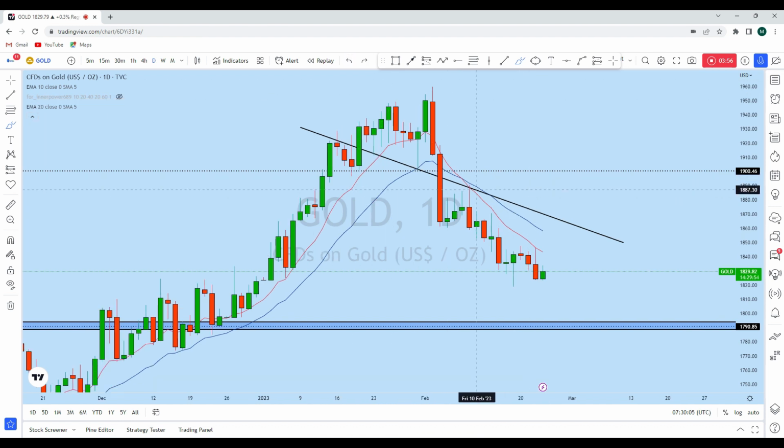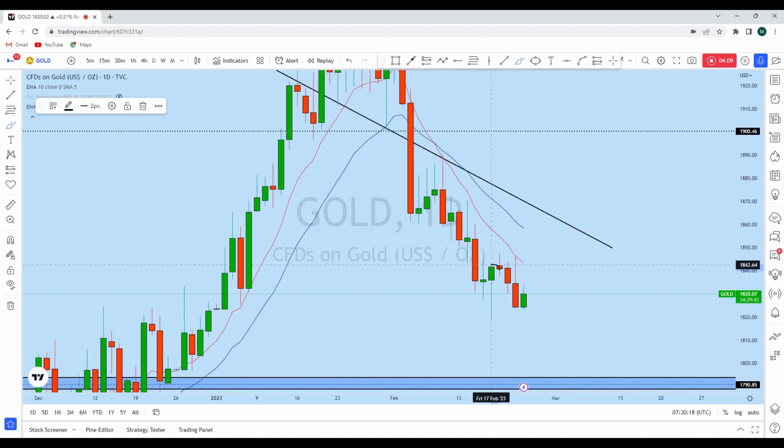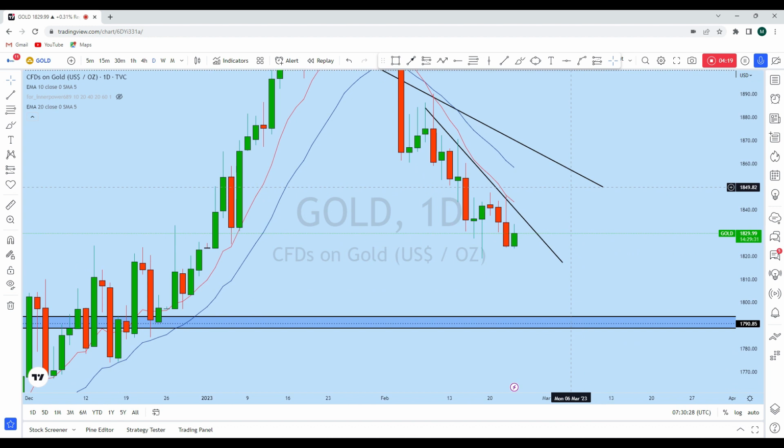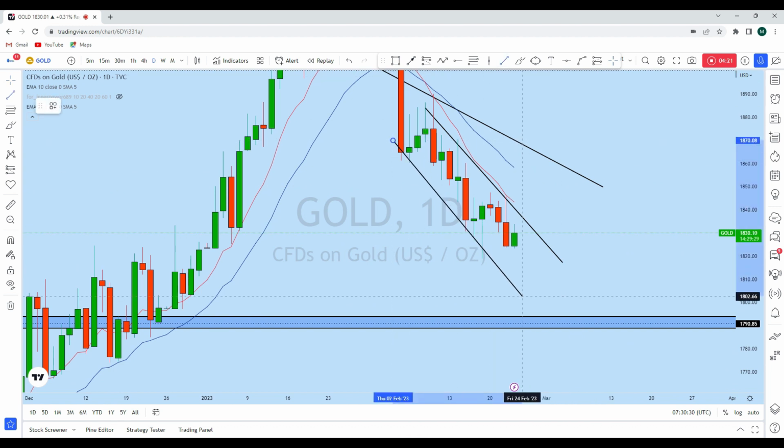Now, if you closely look at the red candles, we see that on the daily perspective the sellers are very strong. If we look at the green candles, we see that they're very narrow and there's a long wick at the top. So whenever the bulls are pushing the price high along this channel, we see sellers coming into the market and dropping it.